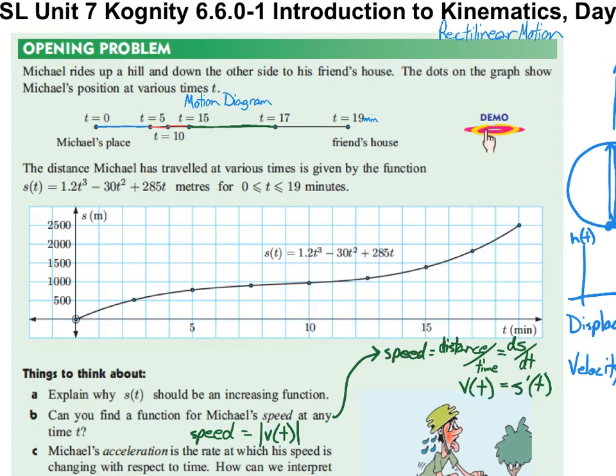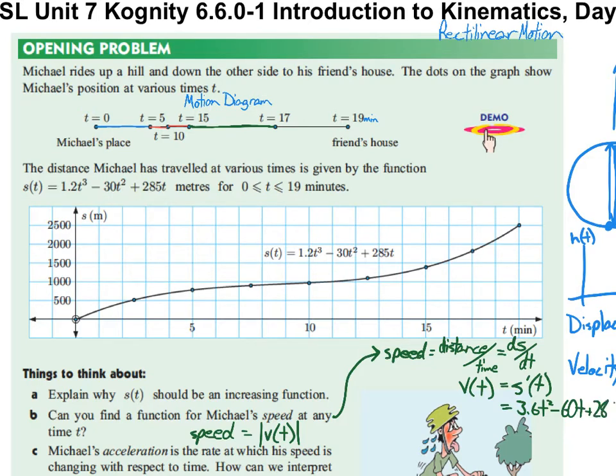So, since we were given s of t up above here, what is s prime of t? 3.6 t squared minus 60 t plus 284. Oh, I mean 285.